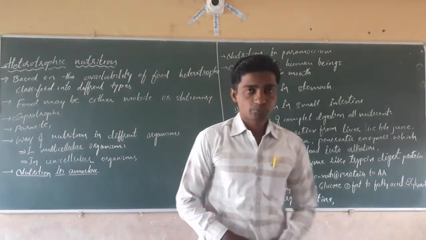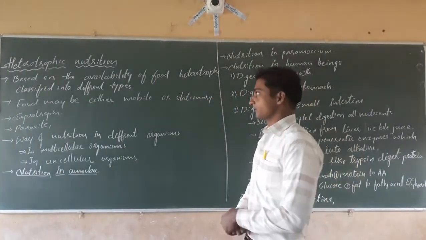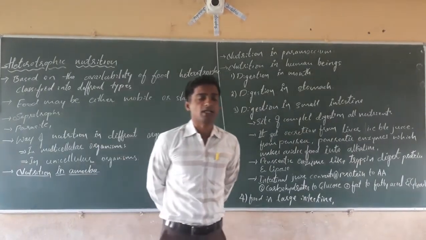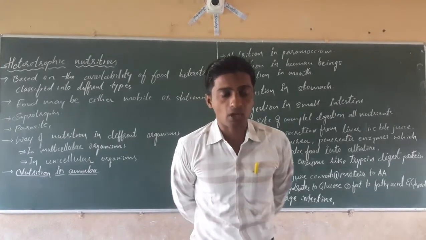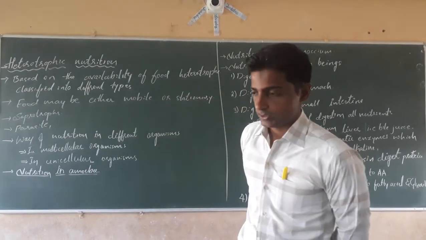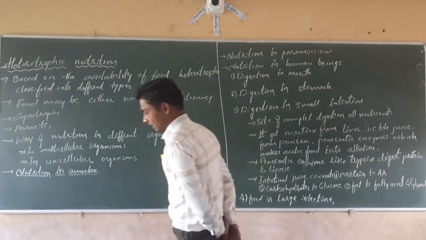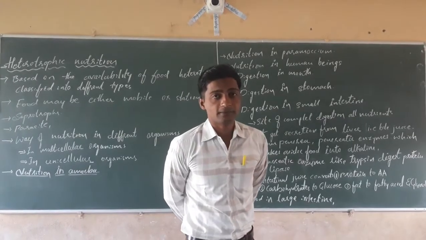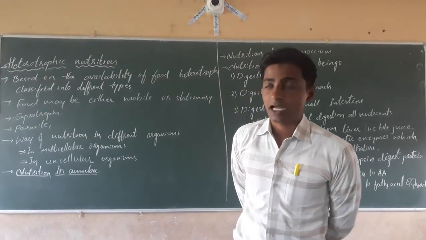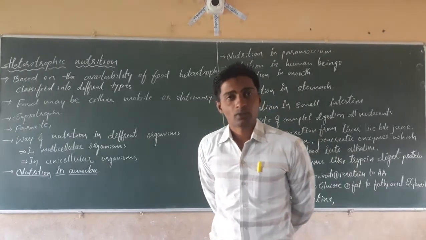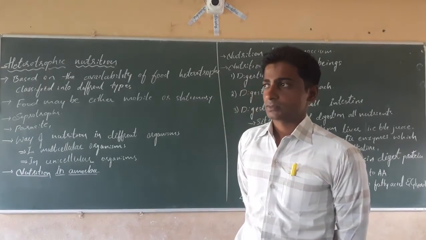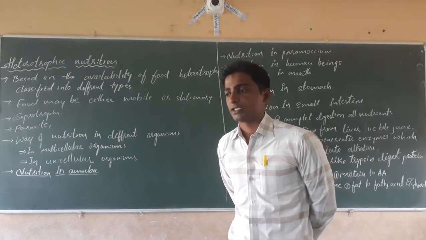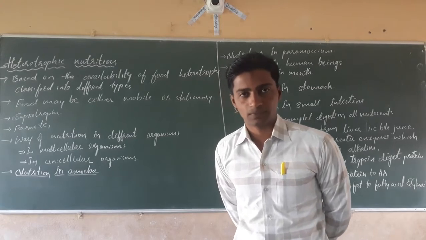Dear students, in the previous class we studied the modes of nutrition, starting with the autotrophic mode of nutrition, where green plants prepare their own food with the help of sunlight, carbon dioxide from the atmosphere, and water from the ground, using the green pigment called chlorophyll. The carbohydrates produced by photosynthesis are stored in the form of starch.